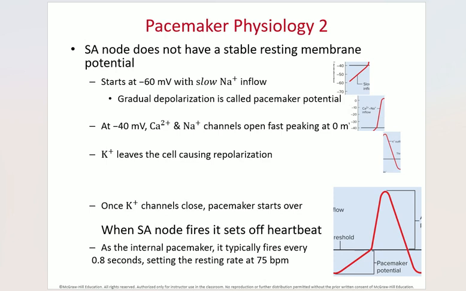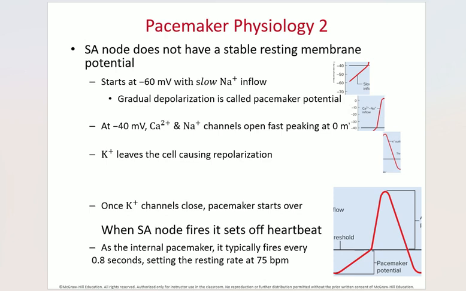So again, we start at negative 60 millivolts with slow sodium going in, and we are gradually depolarizing. So less polar, more positive. So we're going up. As you're putting these pluses in, these sodiums that are positively charged, you're making that less negative.